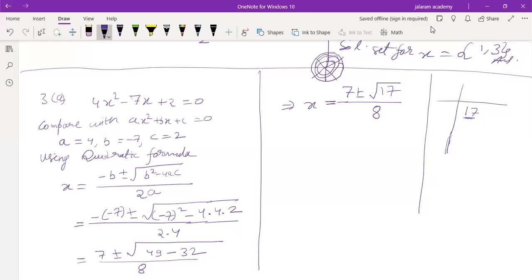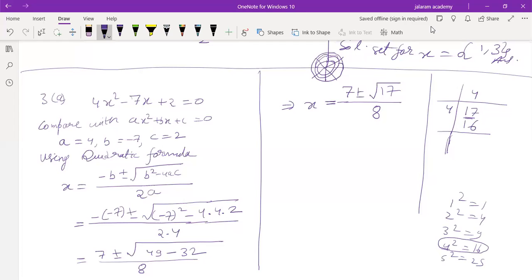So first we will recall all the squares. 1 square equals 1, 2 square equals 4, 3 square equals 9, 4 square equals 16, 5 square equals 25. Now 17 is just greater than 4 square. So we use 4 fours are 16.